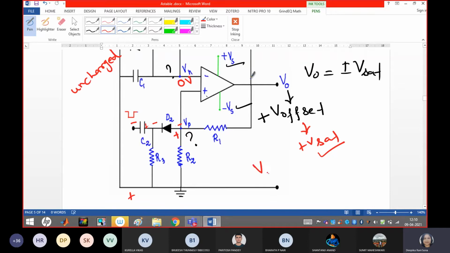If I take the difference between these two voltages, Vp minus Vn, I will get a negative voltage. Yes or no? Guys, I'll get a negative voltage or not? Now Vp value will be negative or positive because of the triggering pulse?